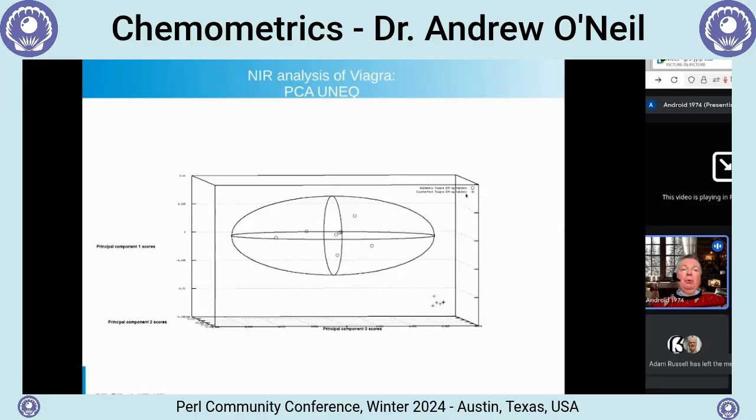You can see here the circles represent projected spectra of genuine Viagra, and they fall nicely inside this ellipsoid. Down here to the lower right, the crosses represent where the spectra of counterfeit versions have projected. They fall well outside this ellipsoid, and therefore it's easy to reject them as class members and say that they don't belong to the class and they are likely to be counterfeit.